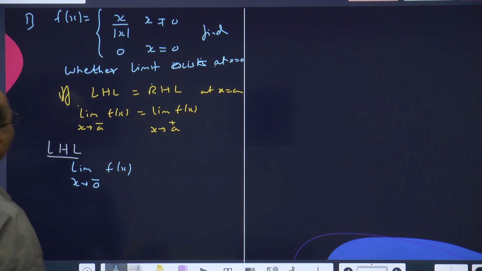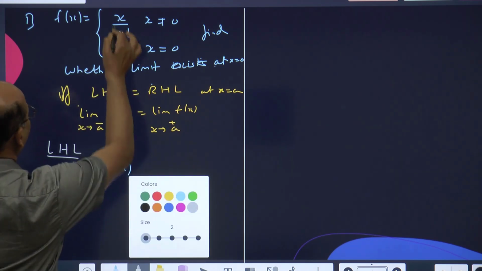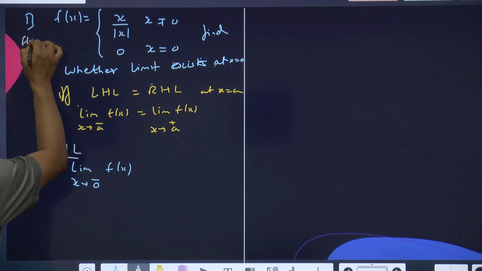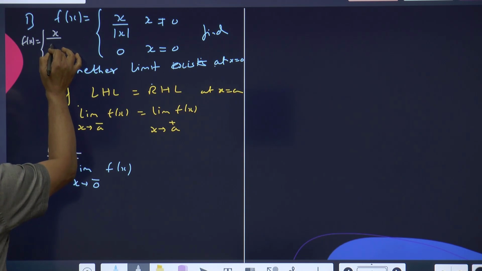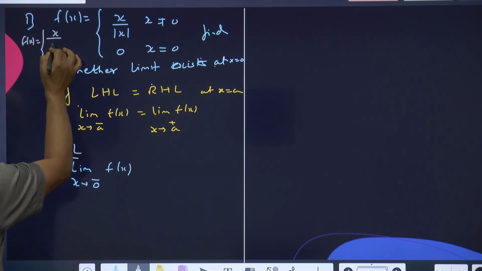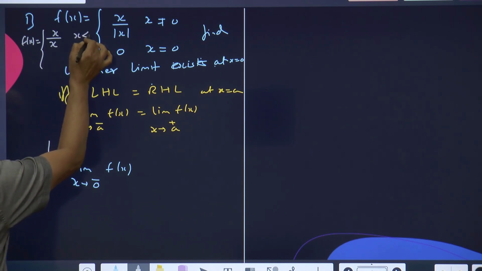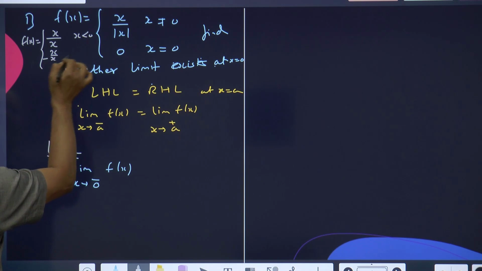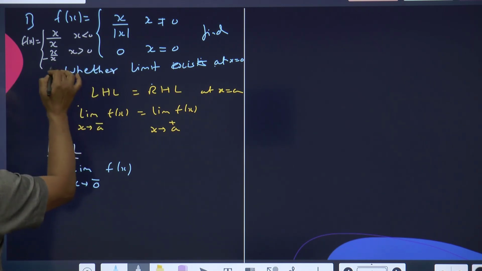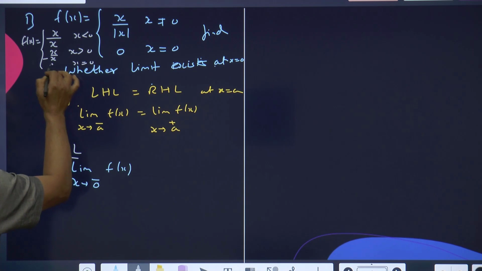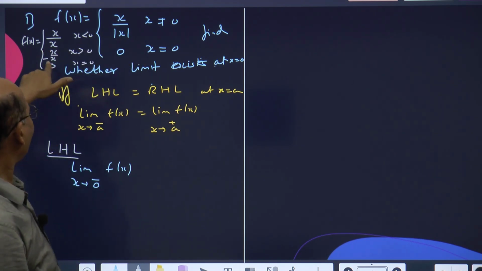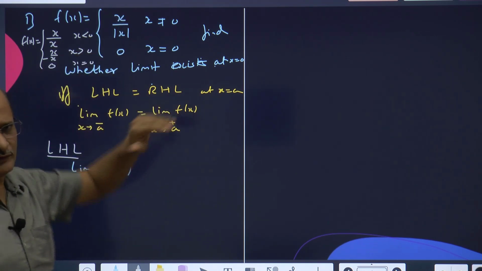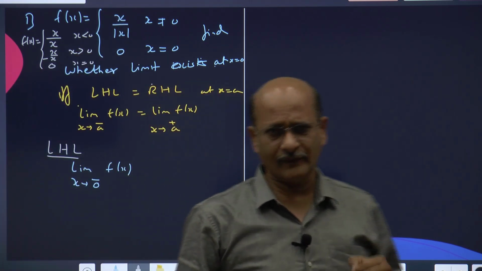So what I'm going to do is write this function as f(x) equals x upon x, that is positive x, when x is less than 0, x upon negative x when x is greater than 0, and when x is equal to 0, the value is 0. Because this x can be positive or x can be negative. This was the definition of the modulus what we studied in class 11.